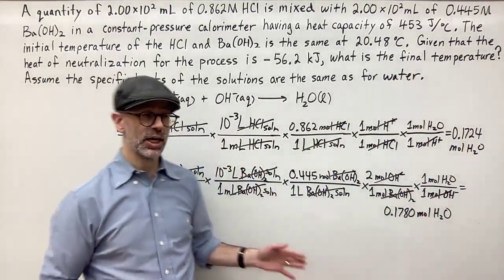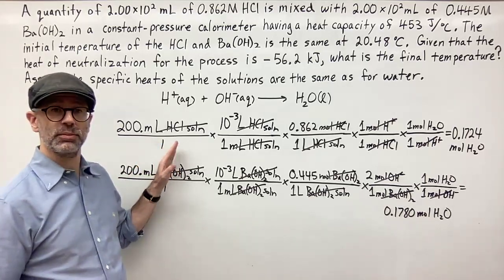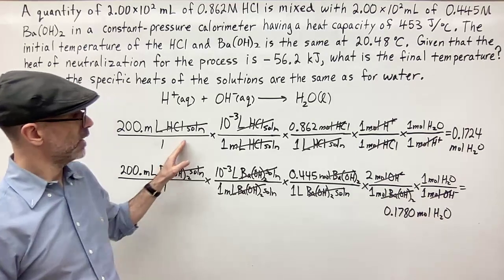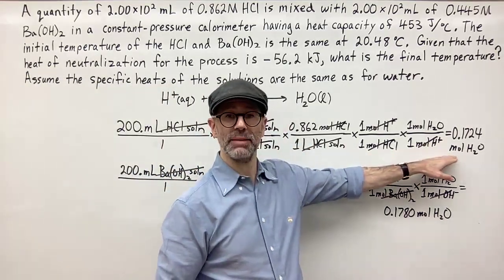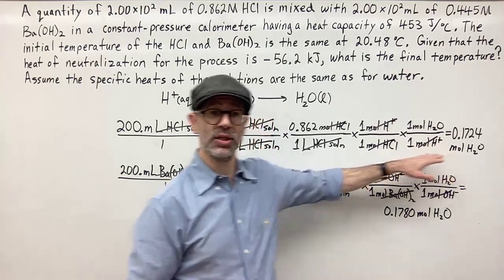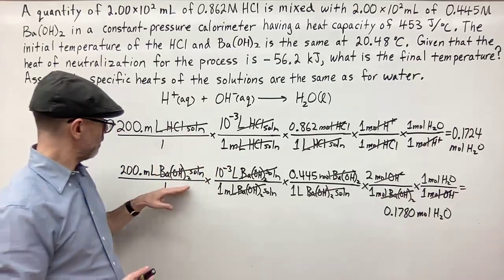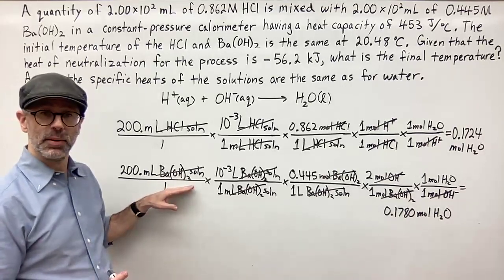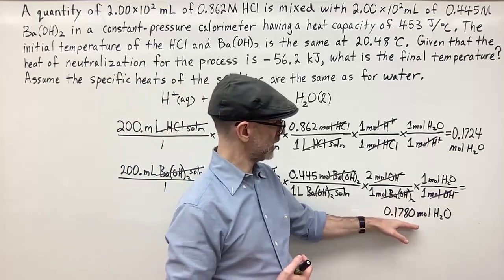So notice here that the amount of water produced from the 200 milliliters of the HCl solution gives me 0.1724. That's the maximum amount that I can get from the 200 milliliters of the HCl solution. If I look at the milliliters of the barium hydroxide solution, the maximum amount that I can get from that is 0.1780.